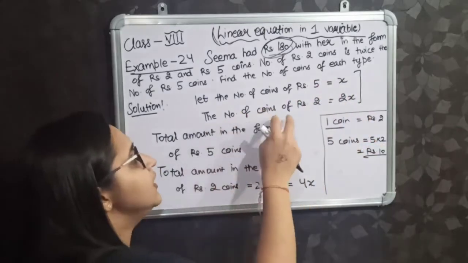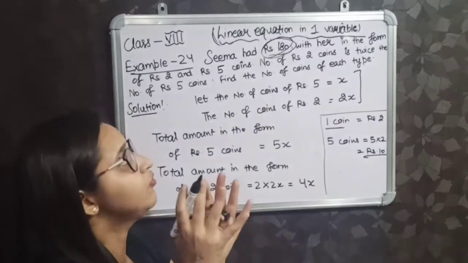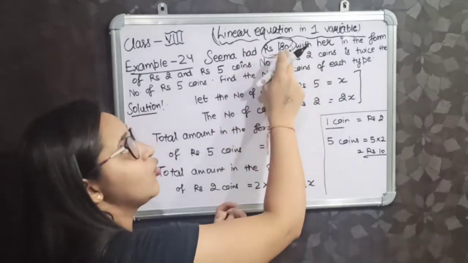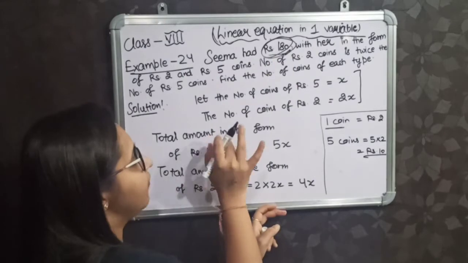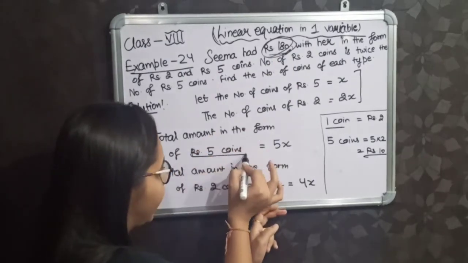Now these are just the number of coins only. But I have to take the amount because Seema had rupees 180. Now what will I do? I will write the total amount in the form of rupees 5 coins.